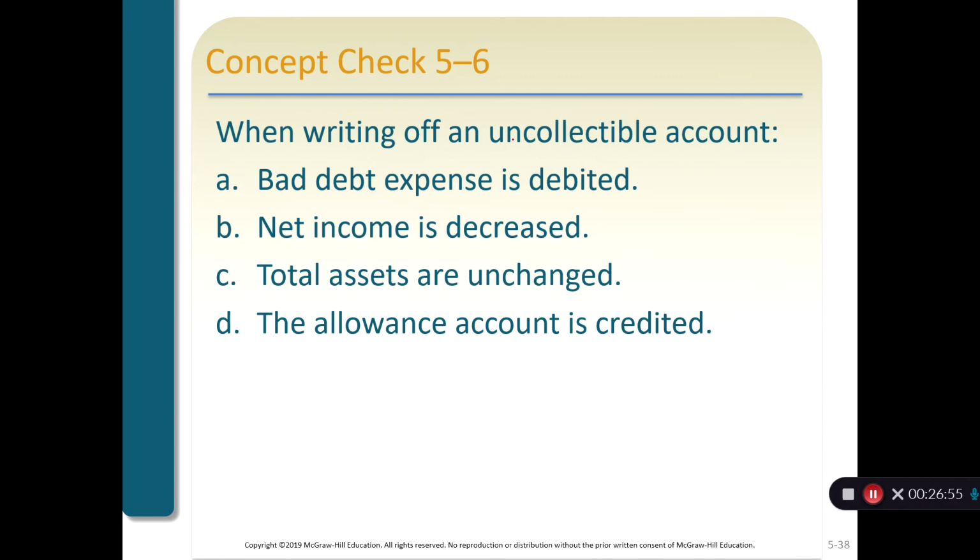Okay, the write-off of an uncollectible account has what? Has bad debt expense debited? No, we're writing off. Bad debt expense has been recorded in the previous year when you were estimating uncollectible accounts. And net income decreases? No, there's no income statement or balance sheet effect. C, total assets unchanged. Yes. The allowance account is credited? No, the allowance account is debited.